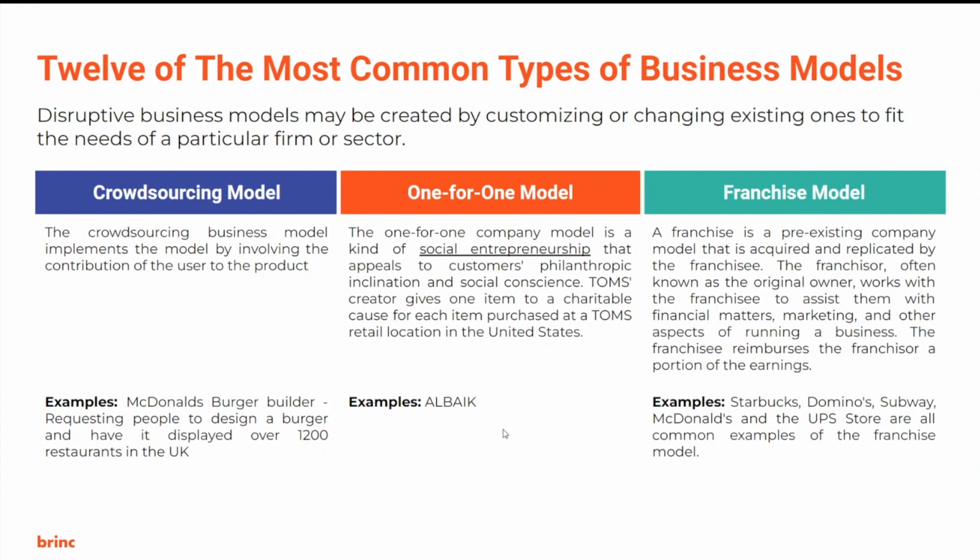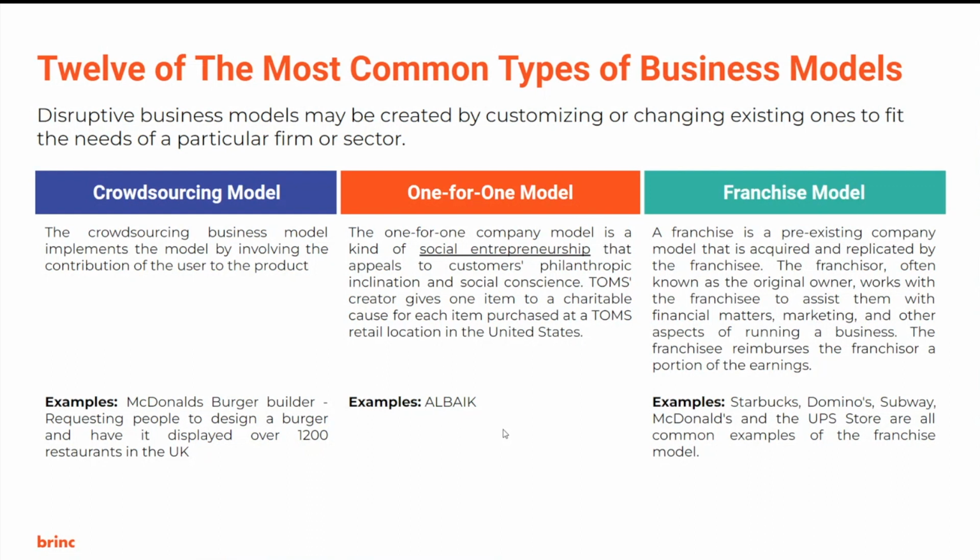The eighth business model is the one for one model. The one for one model is more of a social entrepreneurship kind of approach. Why? Because it encourages people to buy from you. I promise people, for example, here's a story I heard about Al Baik.